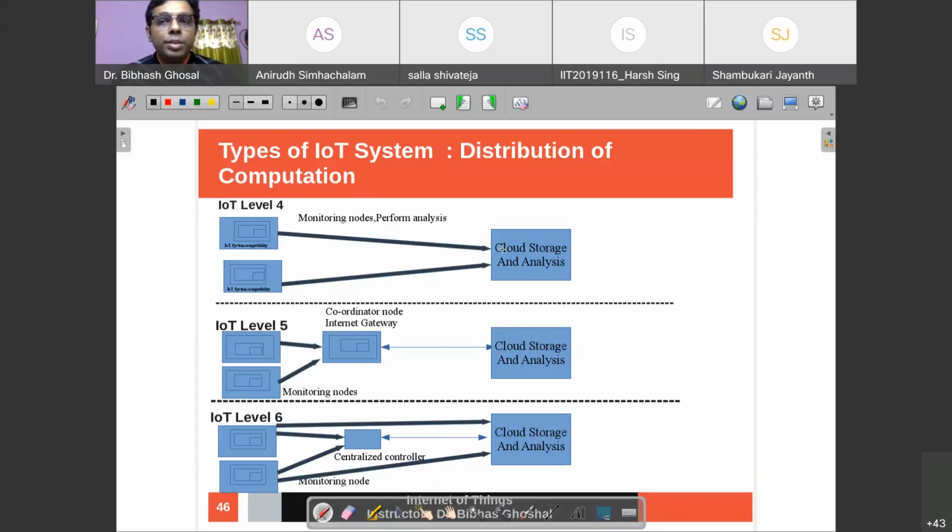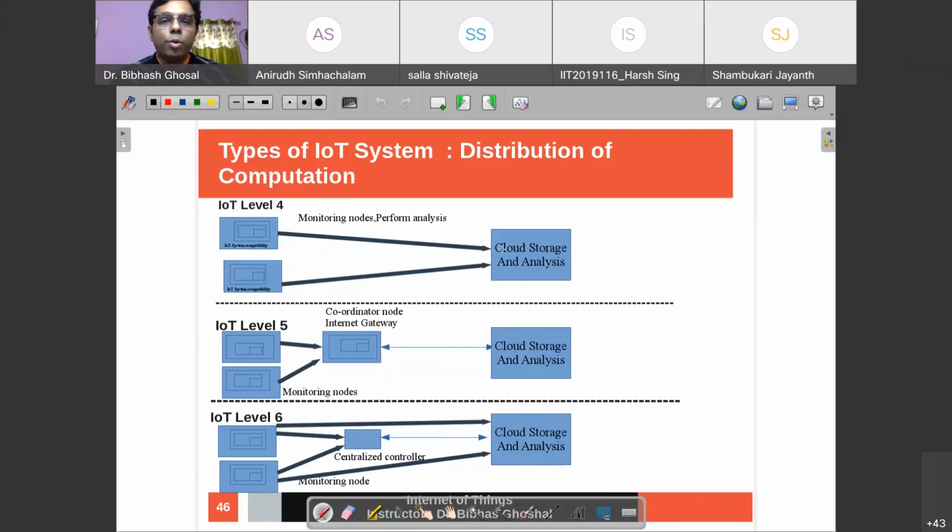Each one will be doing some data acquisition, as well as some local analysis. And the storage will be done in the cloud. And the cloud will also perform some high level analysis, working with the data and running some very sophisticated models, etc.